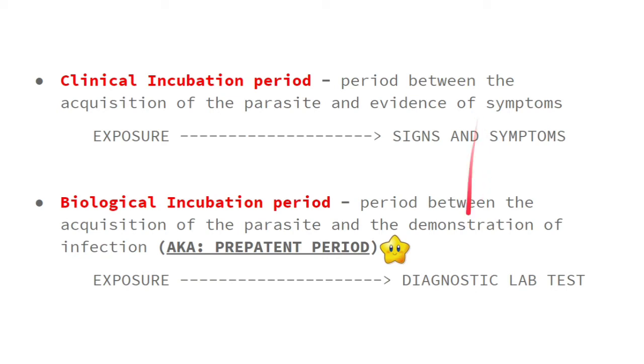So, kung pagko-compare nyo kasi siya sa clinical incubation, hanggang mag-show ka lang ng signs and symptoms. So, pwedeng sumasakit na yung tiyan mo, nagtatae ka, yun yung signs and symptoms. But the biological incubation period, dito na yung hanggang sa ma-diagnose ka natin using laboratory test or the demonstration of the infection. So, again, the biological incubation period is also known as your pre-patent period.